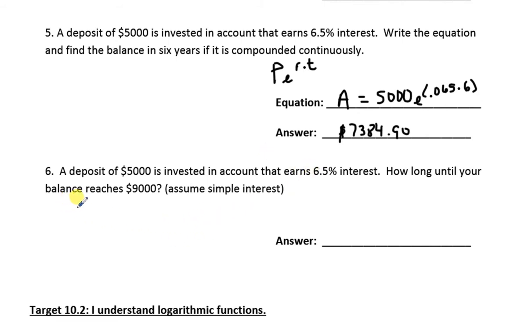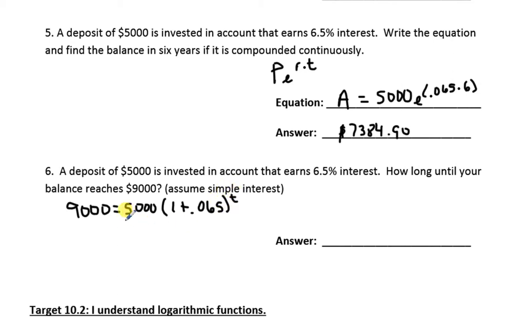So our amount that we want to reach is going to be 9,000, equals our starting amount, 5,000, and it's compound interest, so 1 plus the rate, 0.065. And we're trying to find t.